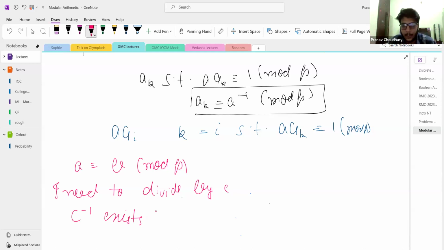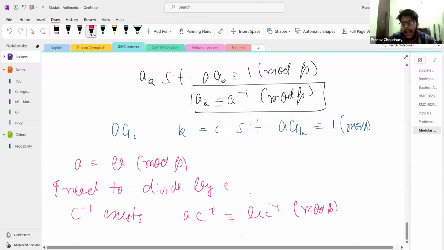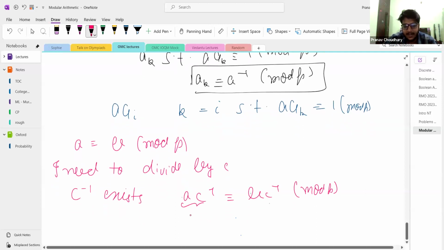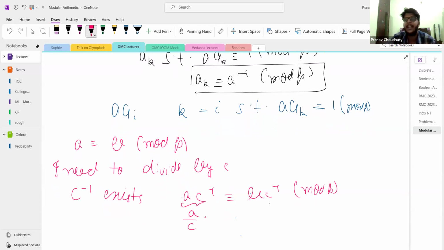But as long as c is coprime to p, which is almost everywhere, right? Out of p numbers, p minus 1 will be coprime. And c inverse exists. So I can just multiply both sides by c inverse. And this is in some ways the same as a by c, right? So now I can also divide by things. Okay. So is this fine now?